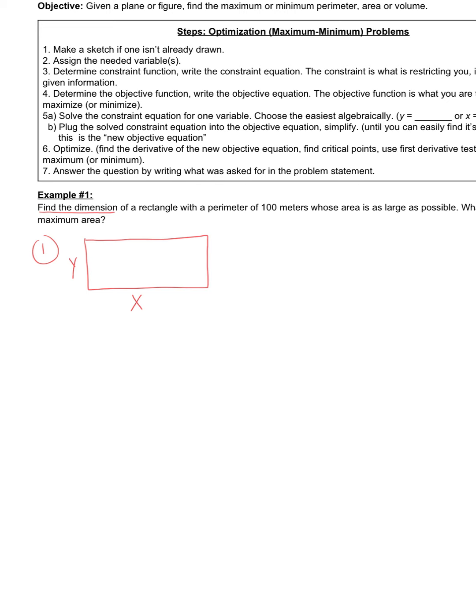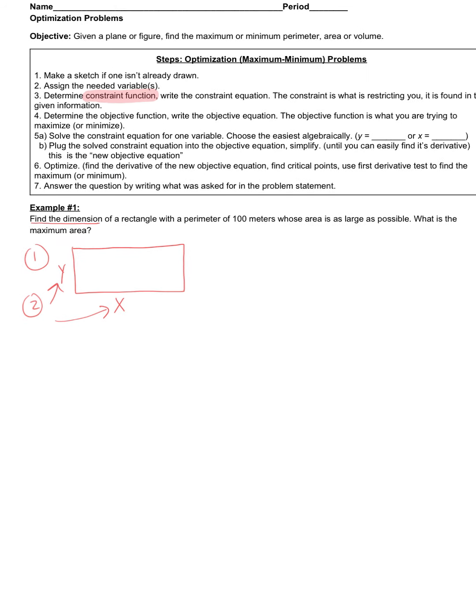Now, you're going to be writing 2 equations. All right? Let me just label this here. This is kind of the first and second steps. All right, the variables. Okay, now you're going to be writing 2 equations. All right, so step 3, we're going to write the constraint equation. So I'm going to highlight that. Constraint. All right, the constraint equation is what is restricting you.